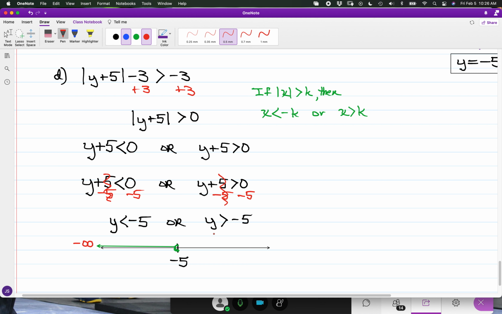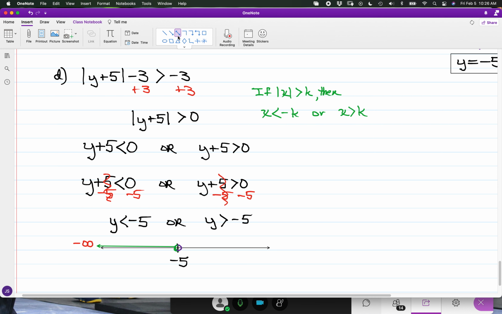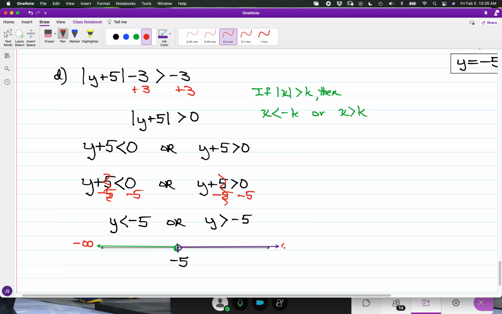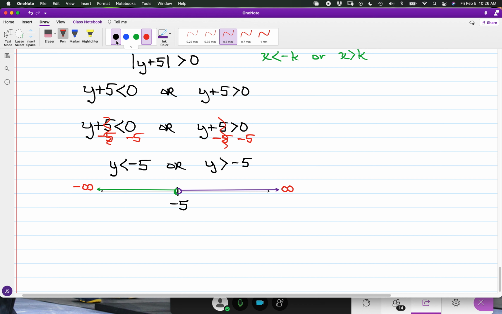Now for y is greater than -5, again -5 is not included, so we have once again a hole on -5. And from this we're going to have a ray that's going to go continuously out to the right, approaching infinity. And if you notice, with the extremes we almost have the entire real number system, and only -5 is excluded.